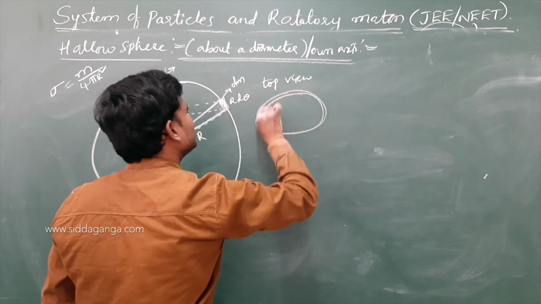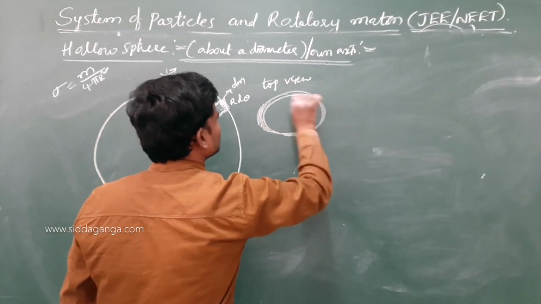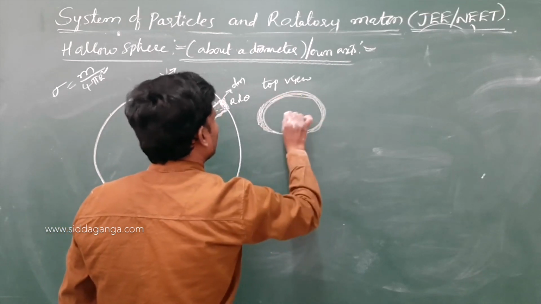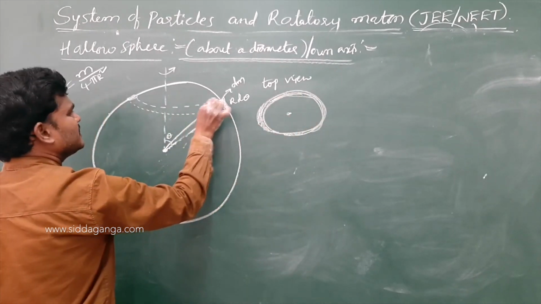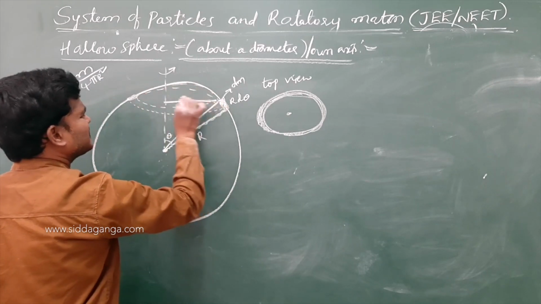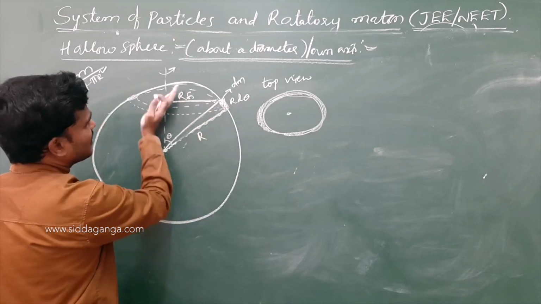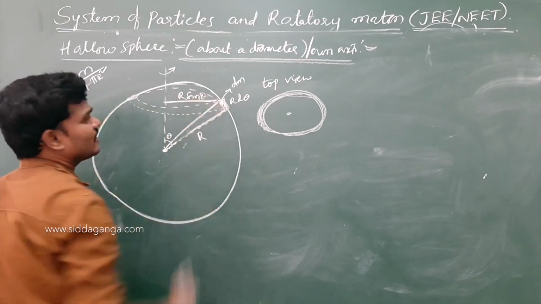The thickness is something dx, and here this is R, and this radius is R cos theta, and this is R sin theta.